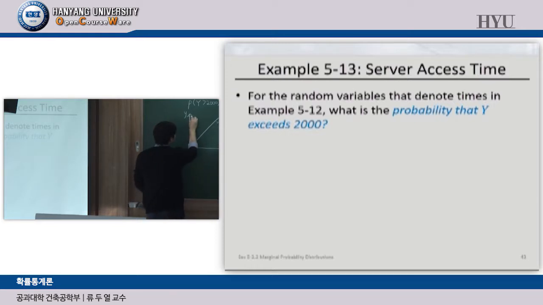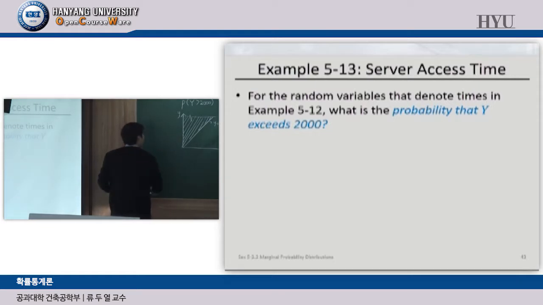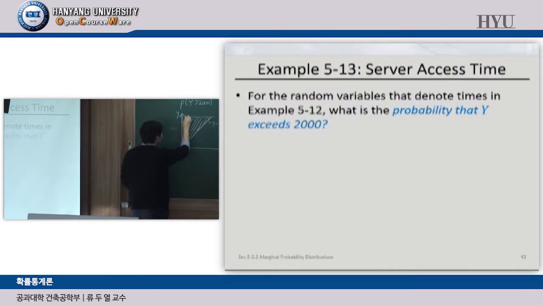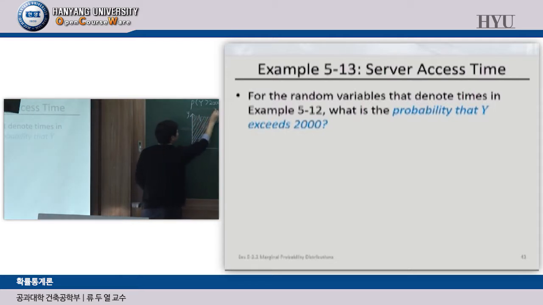So that means only this shaded area can be considered, right? Because y is always larger than x, okay? And in this case, the question was y should be larger than 2000. And we can say this is the 2000. And then we need to calculate this shaded area, right? For this question, okay?